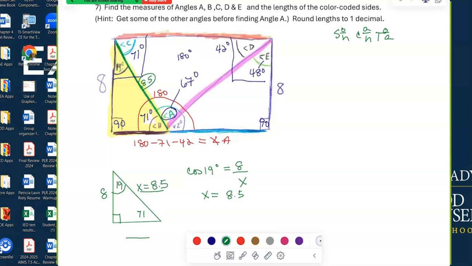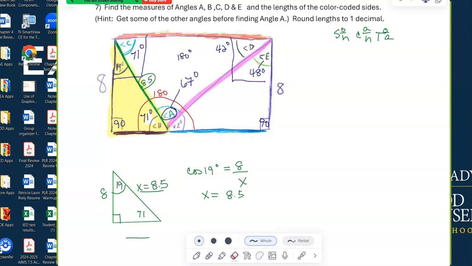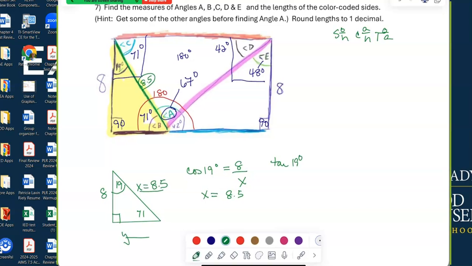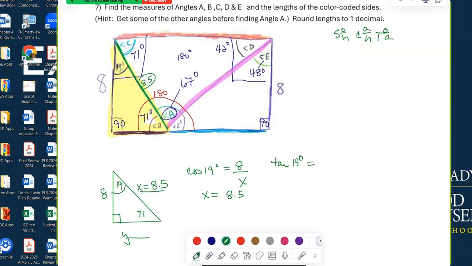And we can probably get rid of, let's see, what can we get rid of? There we go. Let me get rid of this explanation because you've already seen it. Now let's try to find the bottom. I'm still going to use the angle 19, and now I'm going to do tan, because the tan of 19 degrees equals opposite, which is y, over the 8 that was given.